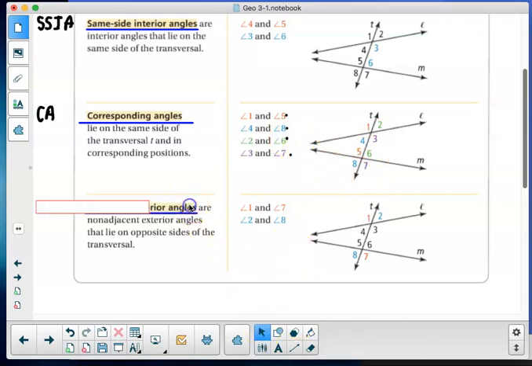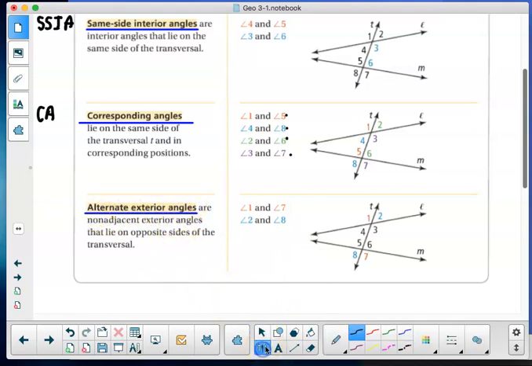Now we have our last one, alternate exterior angles. Alternate exterior angles, AEA, are non-adjacent exterior angles that lie on opposite sides of the transversal. So angle 1 and angle 7 is one pair of alternate exterior angles.